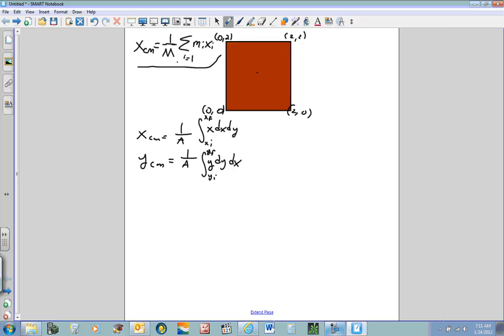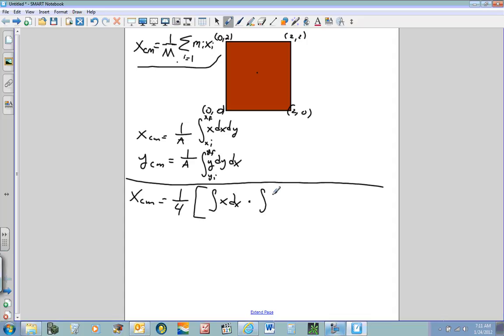All right, so let's apply that to this square, and let's start out with the x center of mass. The area of this is 2 times 2, so it's going to be 1 over 4, parentheses, the integration of x dx times the integration of dy.